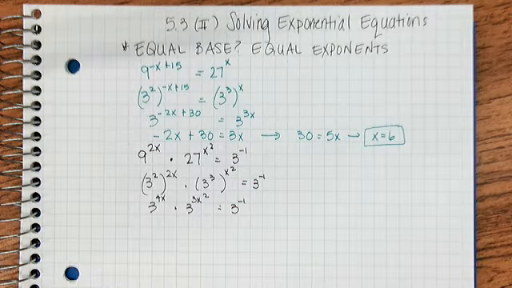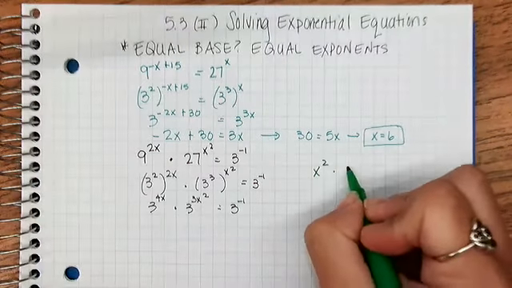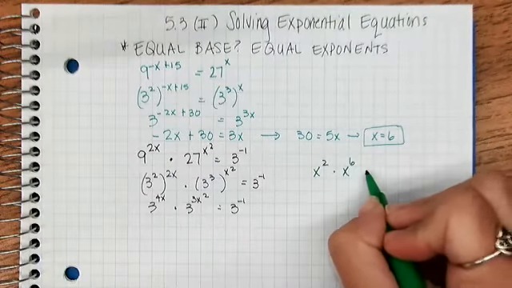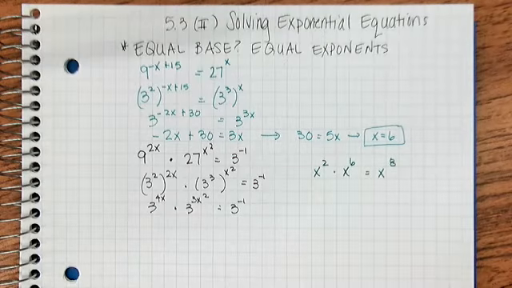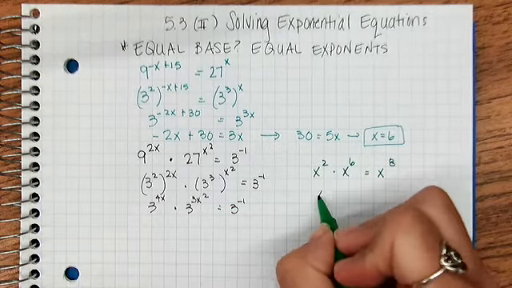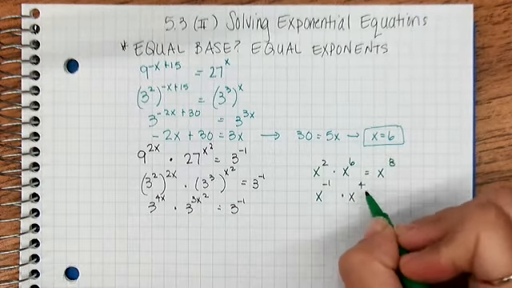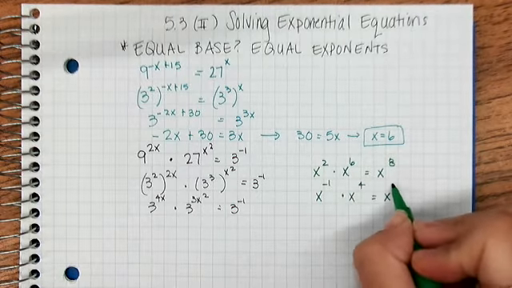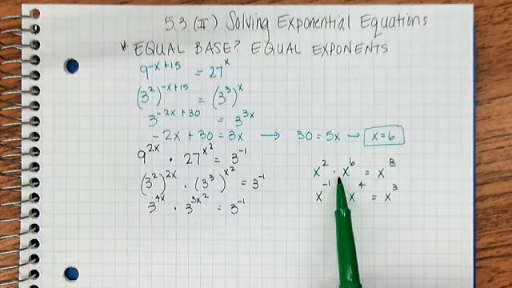Okay, let's do a side note. If I give you x squared times x to the 6th, that's x to the 8th. You're adding exponents, product property. If you have something like x to the negative 1 times x to the 4th, add exponents, you get x cubed. Bases are the same.